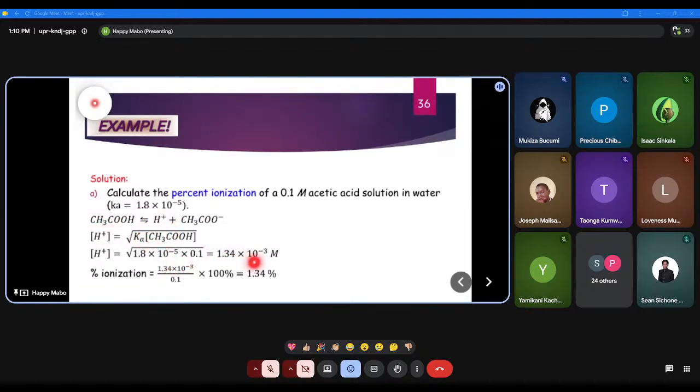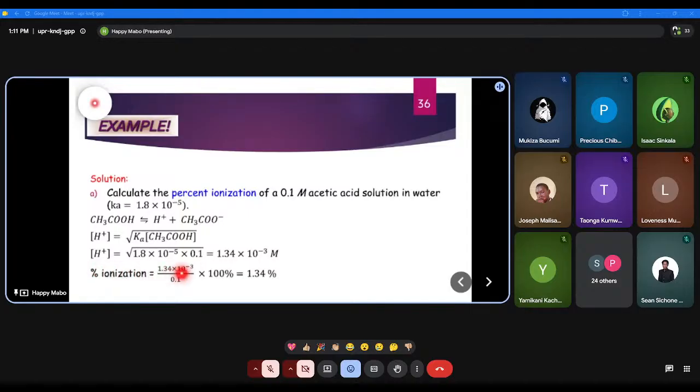So the amount that will have dissociated from the acid will be equivalent to the concentration of the hydrogen ions in solution, provided there are no other sources of hydrogen ions. And you recall that the contribution that would come from water molecules as a result of the auto-ionization of water usually is ignored. So we're going to assume that all the hydrogen ions that we have in this particular solution are coming from the acid itself.